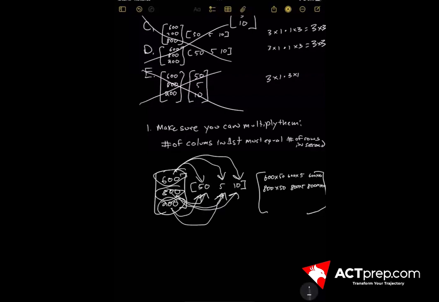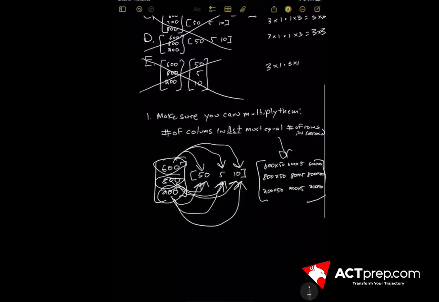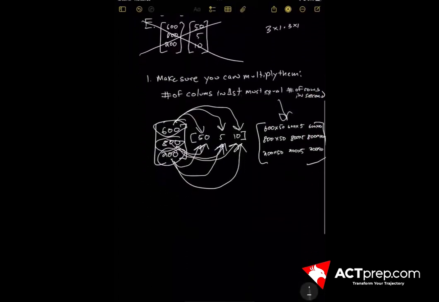We're going to multiply it by each column in the second matrix. And so our first answer is going to be 200 times 50, 200 times 5, 200 times 10. So that's why this turns out to be a 3 by 3 matrix. And our answer just comes out to one answer.